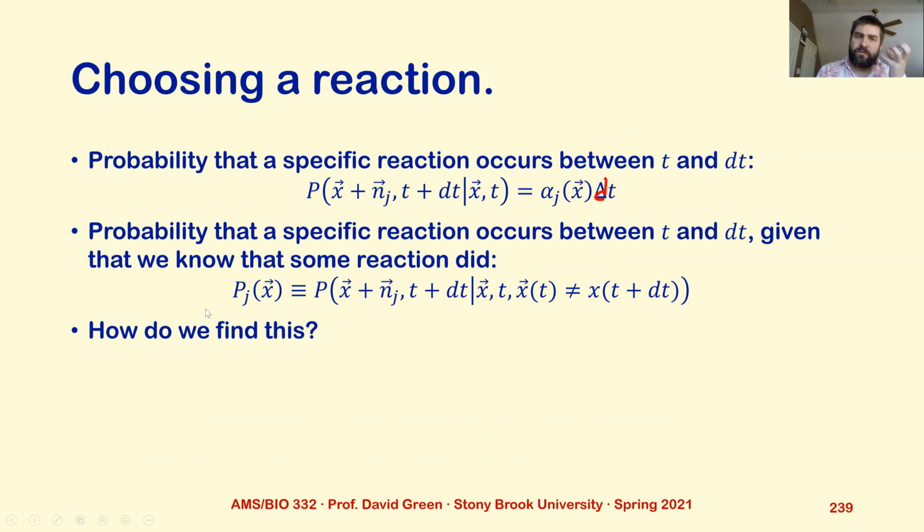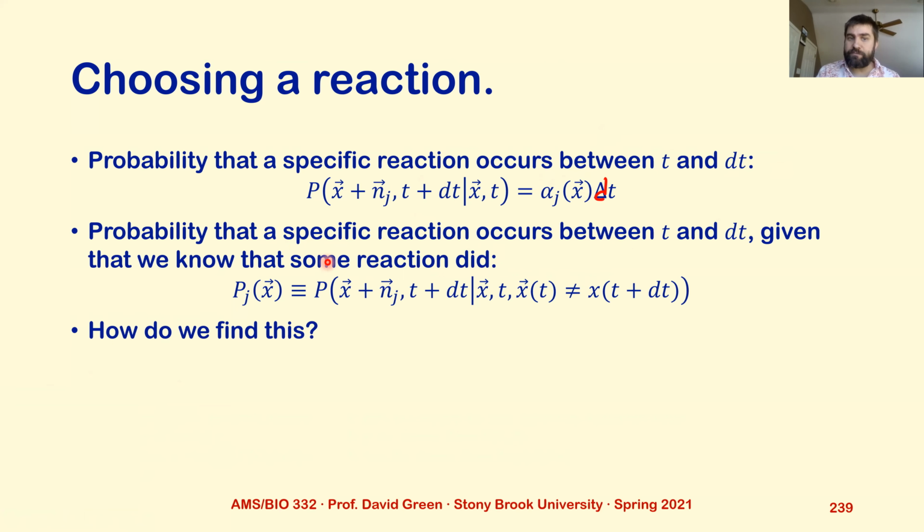Now, let's think about a slightly different probability. We've already figured out the time to a reaction. That means we know something happened. What's the probability that a specific reaction happens between t and t plus dt when we know that some reaction happened?